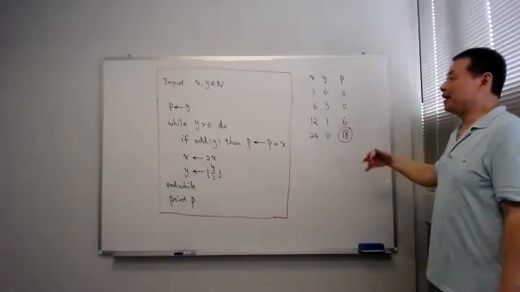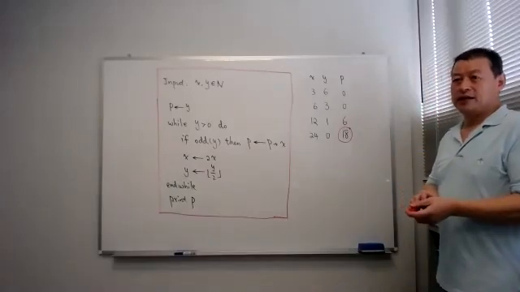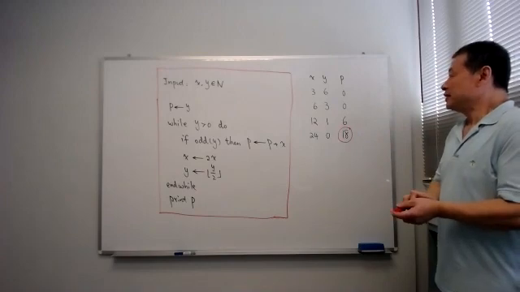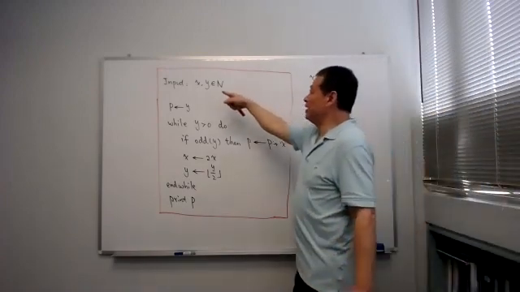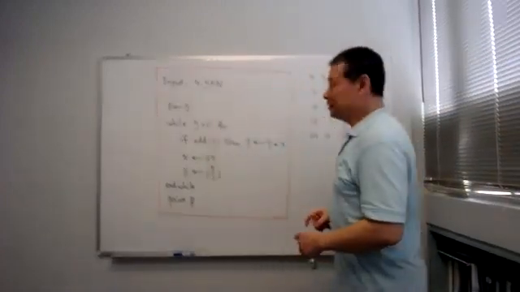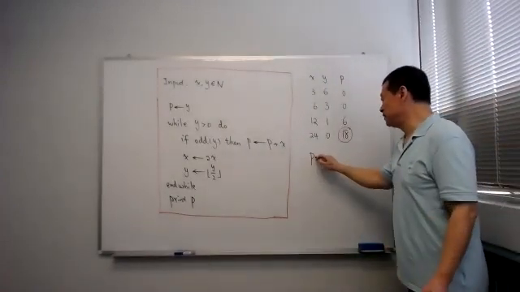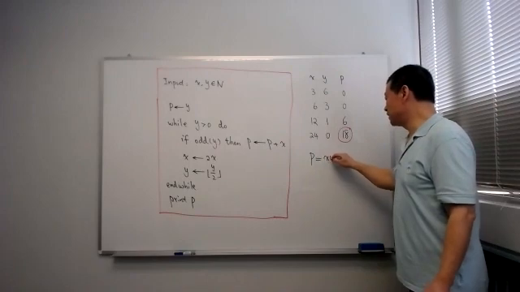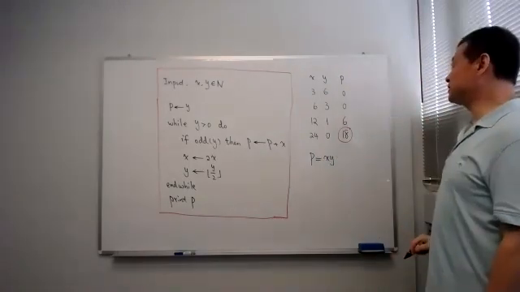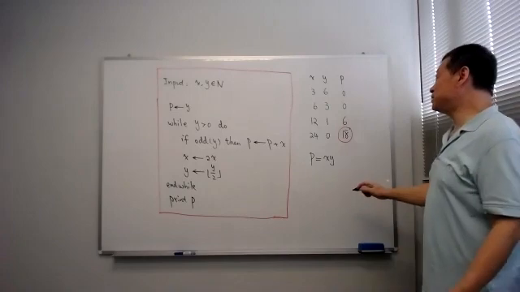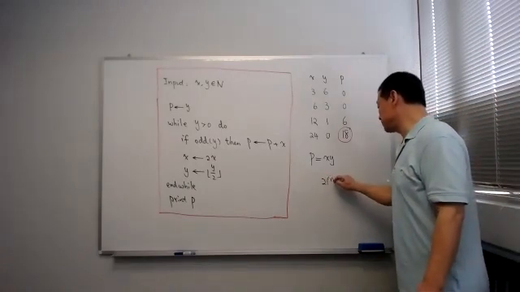So that's what this algorithm does. All right. So what's the relation between p and x, y? In this particular case, it seems that p equals the product of x and y. But is this really the case? It can be just 2 times x plus y.